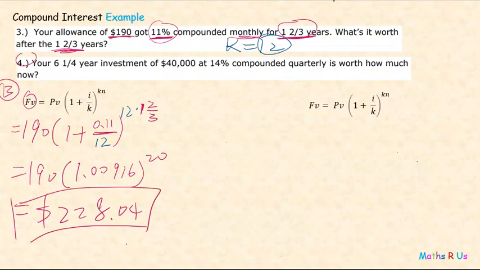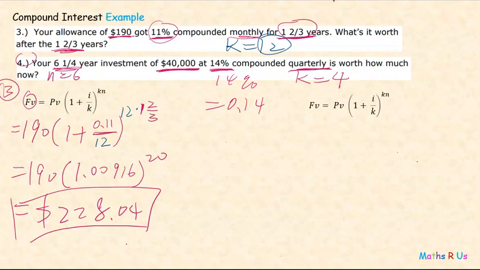Your 6 and 1 over 4 year investment, that was your original amount, $40,000, and this is your interest rate, 14%, which is equal to 0.14 in decimal. Compounded quarterly, how many quarters in a year? 4. So in this case, k equals 4. And the time equals 6 and 1 over 4 years.